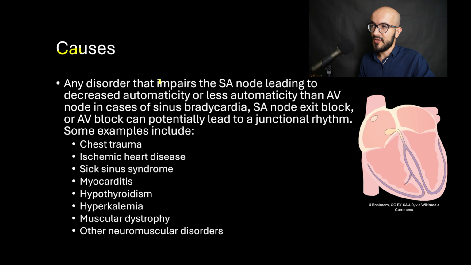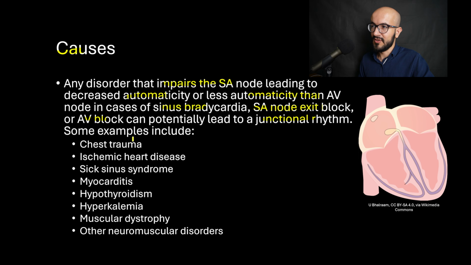So any disorder that impairs the SA node, leading to decreased automaticity or less automaticity than the AV node, in cases of sinus bradycardia or SA node exit block or AV block, can potentially lead to junctional rhythm.